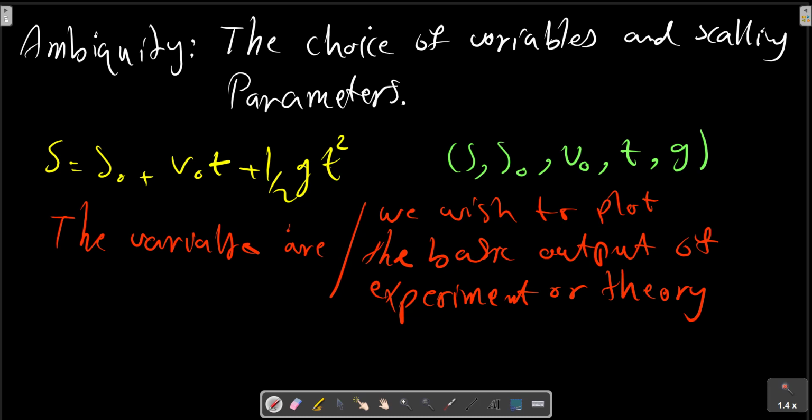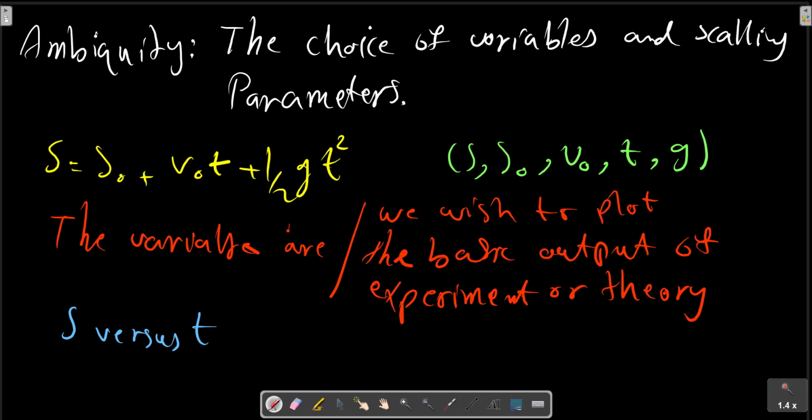In this case, S versus T in this relation is the variables.